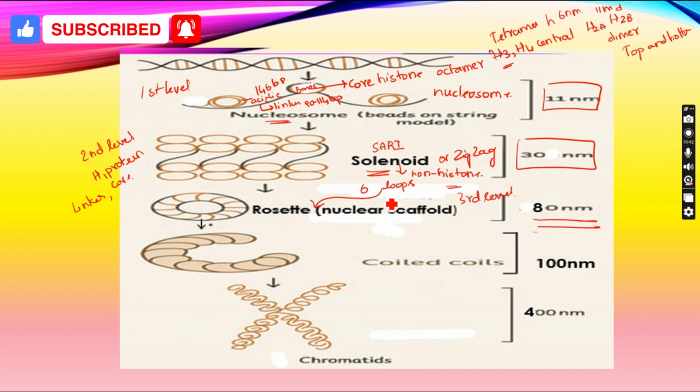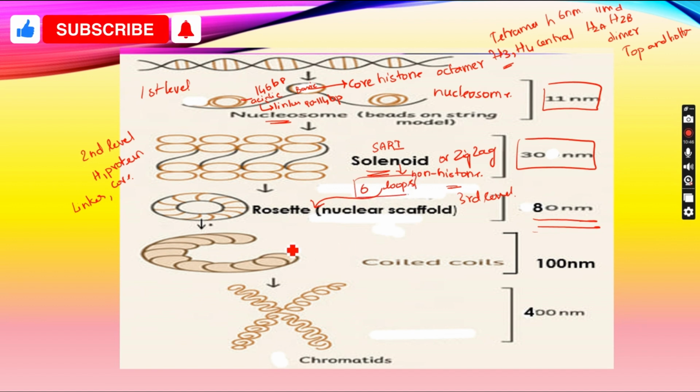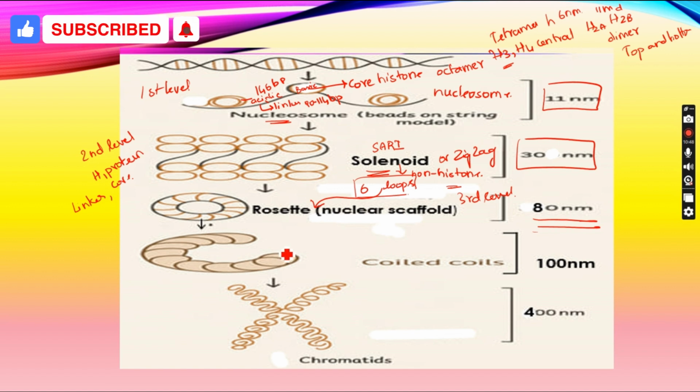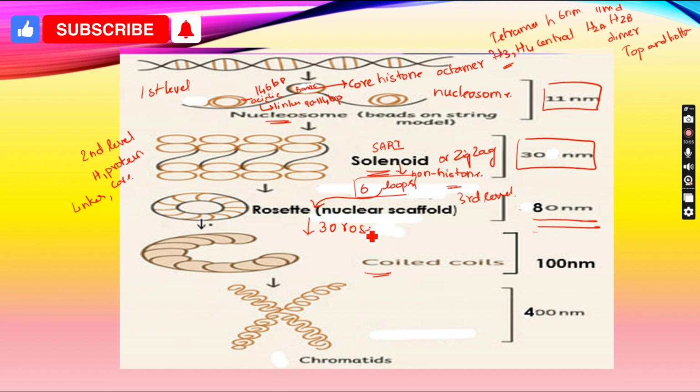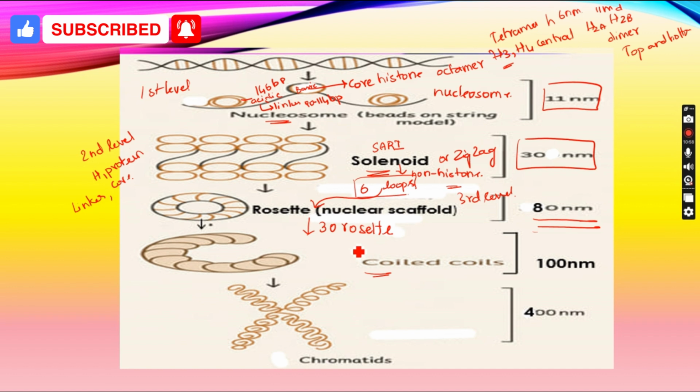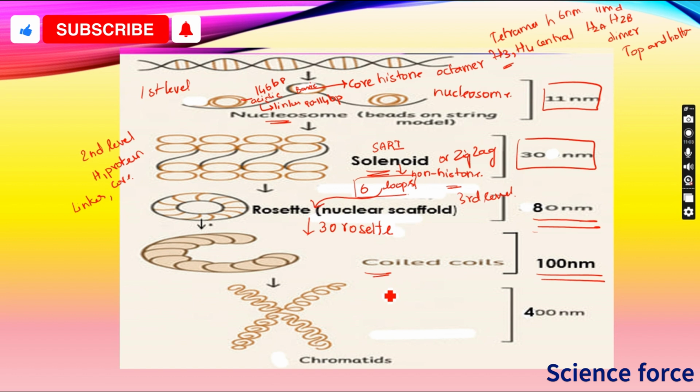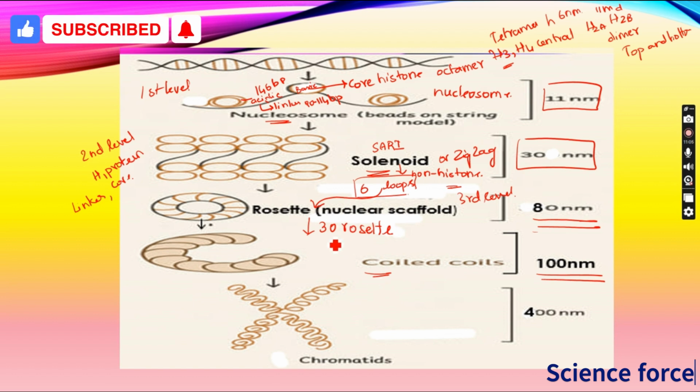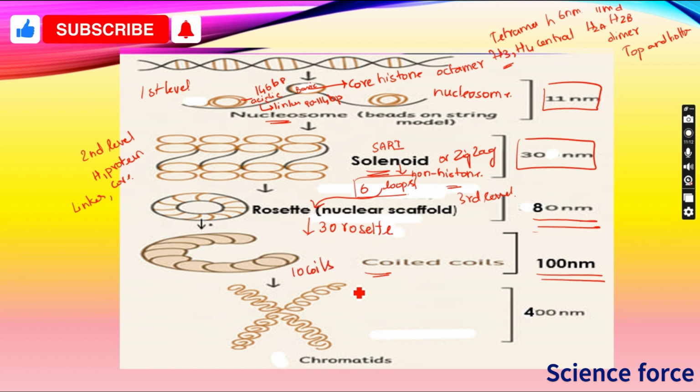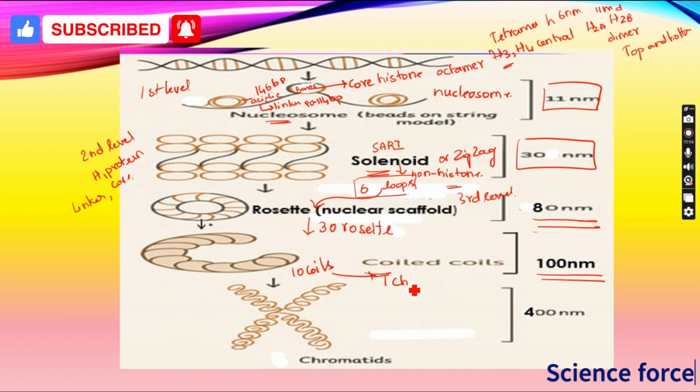Then the rosette, which consists of 6 loops, is going to be further coiled into coiled coils. About 30 rosettes are arranged into coiled coils, which are about 100 nm. Then these 30 rosettes form a coiled coil. About 10 coils can form one chromatid.